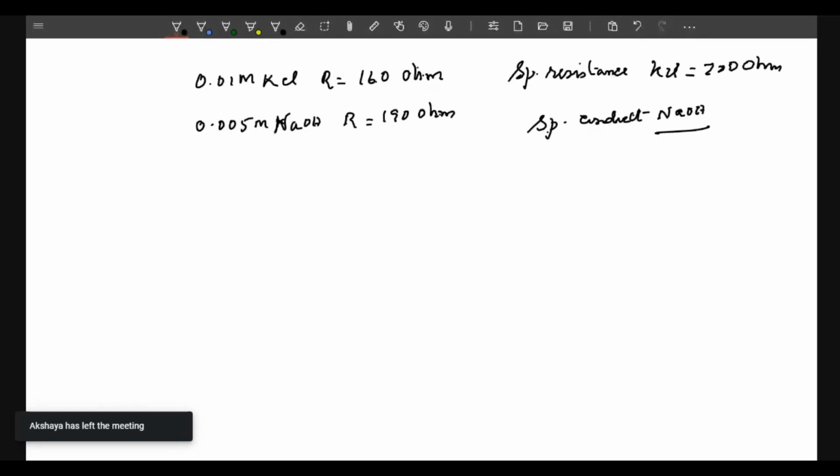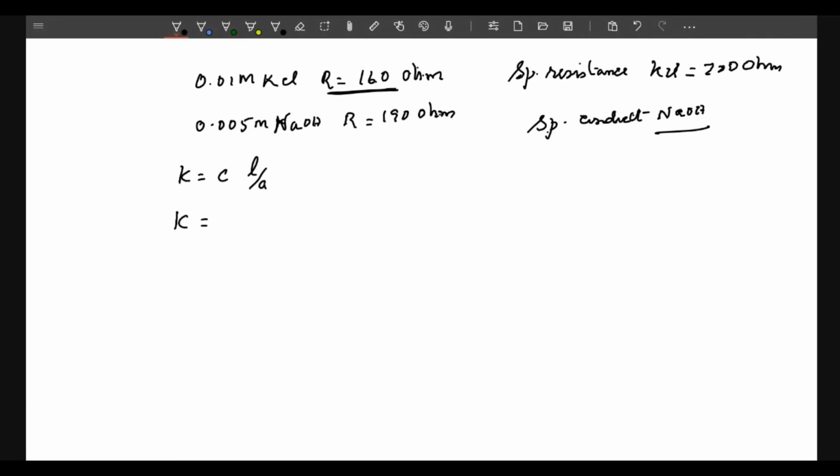Don't be confused. I will explain this. What is the relationship between the kappa and this one? Kappa is equal to conductance into L by A. But instead of conductance, they are giving the resistance of the cell. Therefore, kappa is equal to 1 by R into L by A. Now we will substitute this in this equation. The kappa value of the potassium chloride is not given.